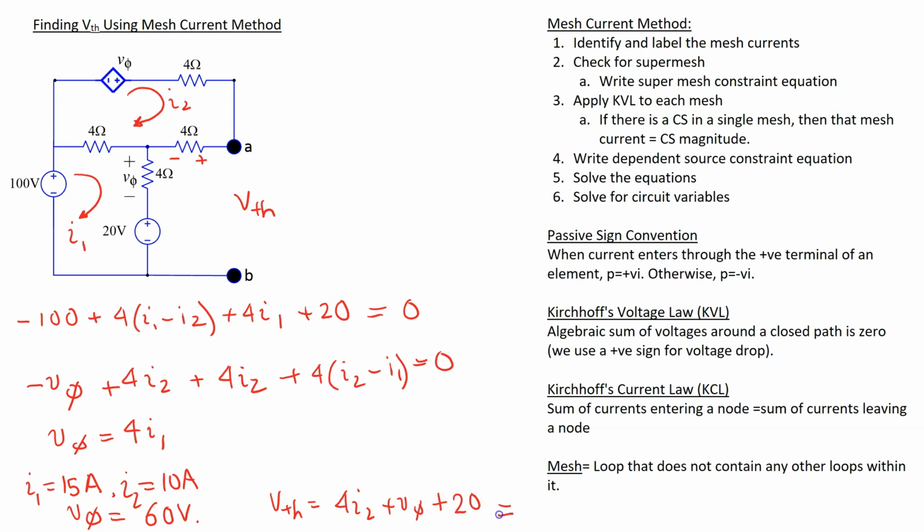Substituting values, I2 is 10 amps, so 4 times I2 is 40, plus 60, plus 20 is 120 volts. Thus, no matter what circuit analysis technique is used, we arrive at the same answer.